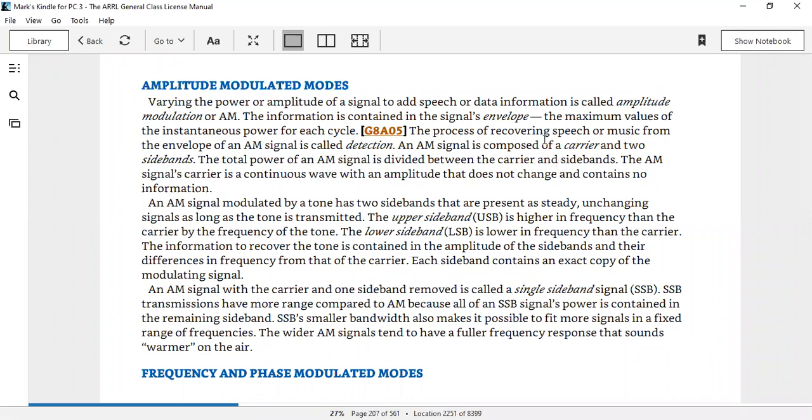The process of recovering speech or music from the envelope of an AM signal is called detection. And that AM signal is a carrier and two sidebands. The AM signal's carrier is a continuous wave, and the amplitude does not change and carries no information.